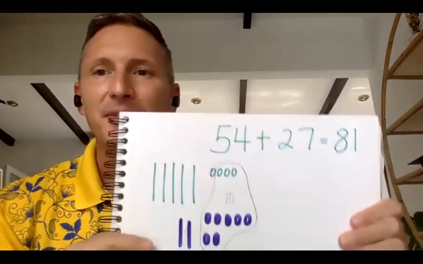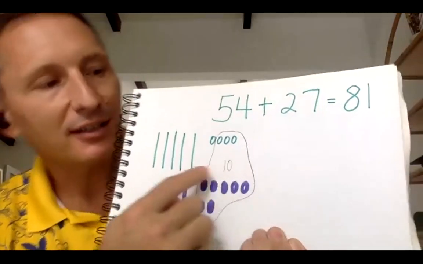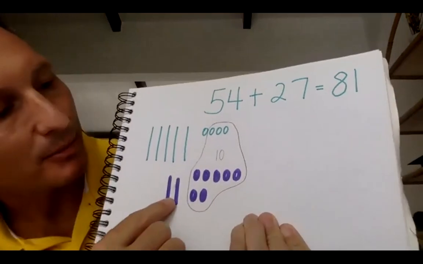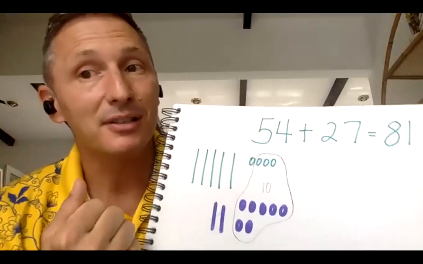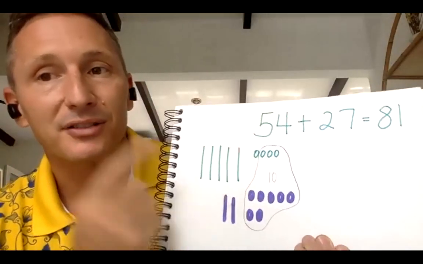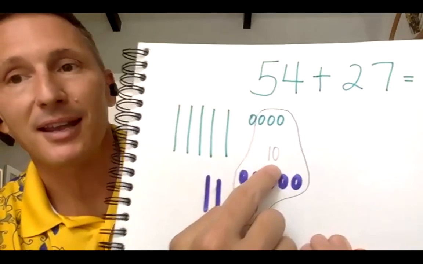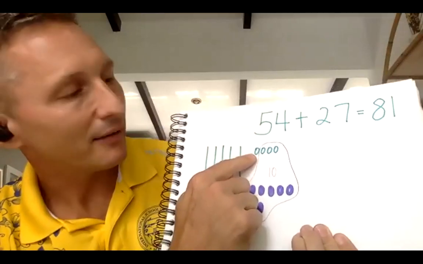I started with my base 10 blocks, Miss Yuka, and this is kind of what I was thinking. So I drew my 50 and my 4, and then I had my 20, my 2 10s, and my 7 1s, and I knew I was adding them using addition, so I'm combining them. I combined my 1s first, and I knew that I was making a 10, so I counted my 10 there, and I still had my one little 1 left over.